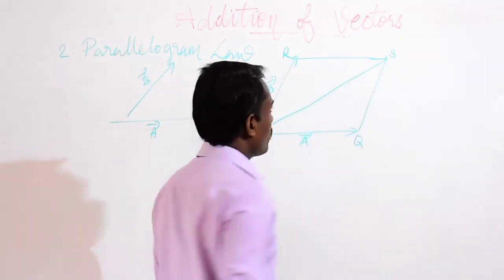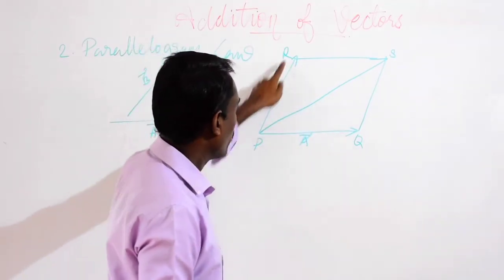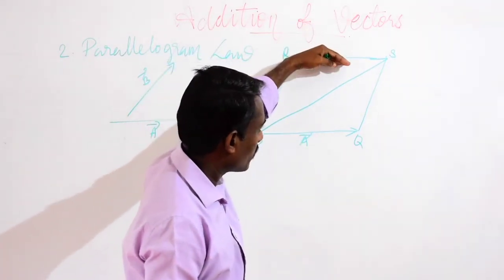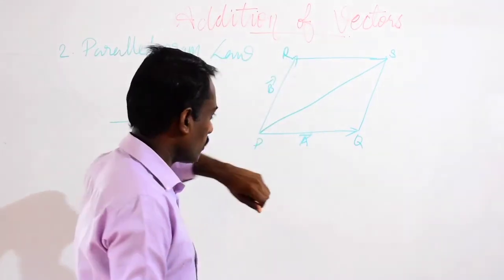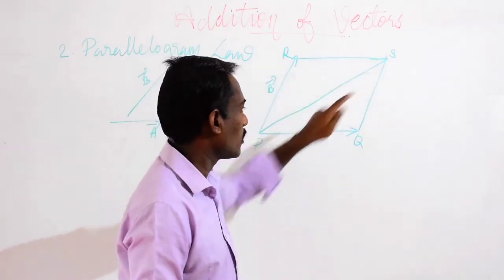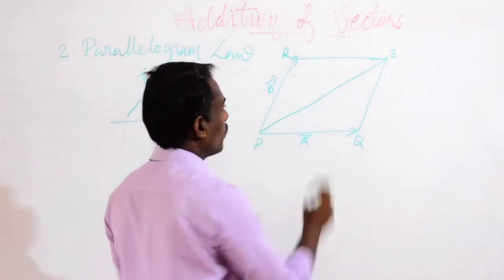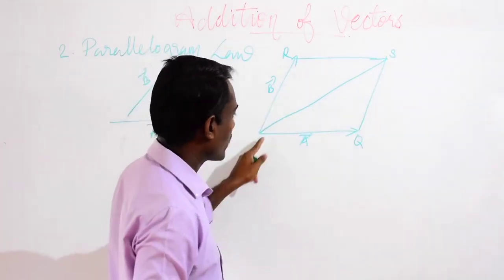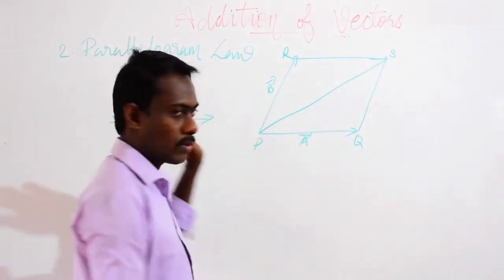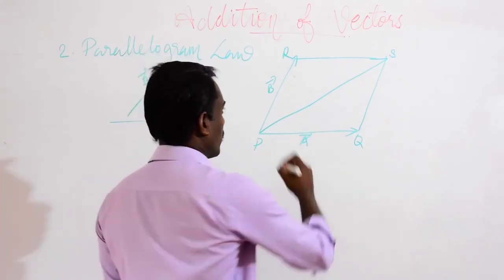Now since PQ is equal to RS, we may write PR plus RS is equal to PS. That means PS becomes the third side of the triangle PRS, so it is the same as the triangle law of vector addition.